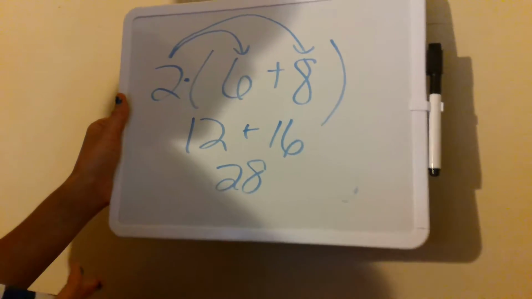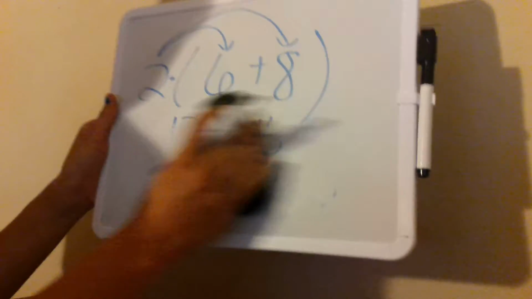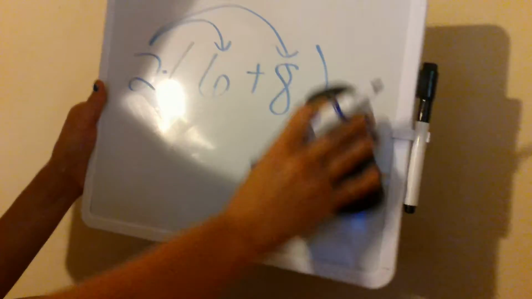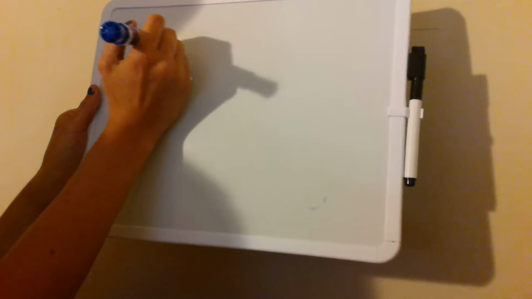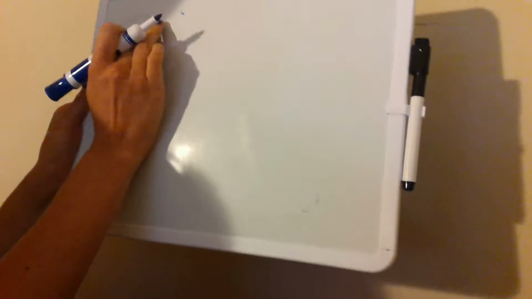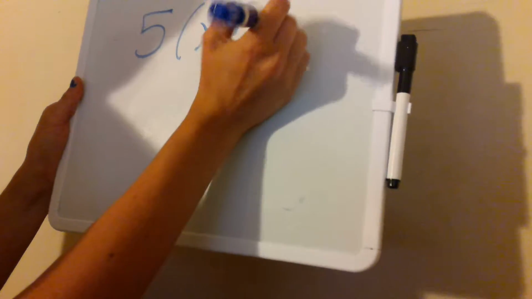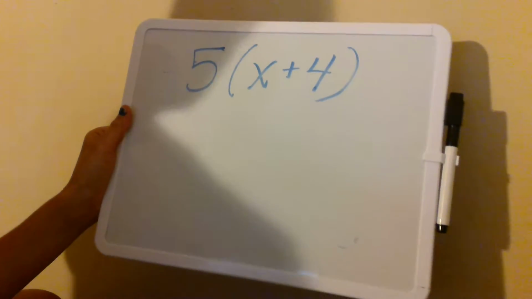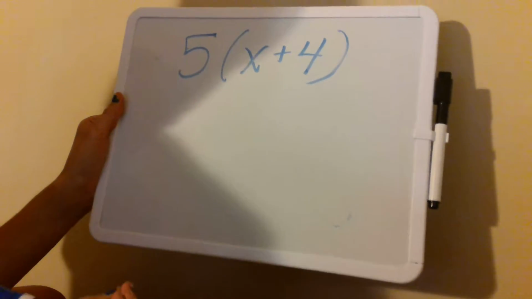The way it's going to look a little different in 7th grade is that you're going to have variables thrown in there as well as negatives and positives, because last year you only worked with positive numbers. So a problem that you might see this year might be 5 parentheses x plus 4. Another way that you can think of this is that there's 5 groups of x plus 4.